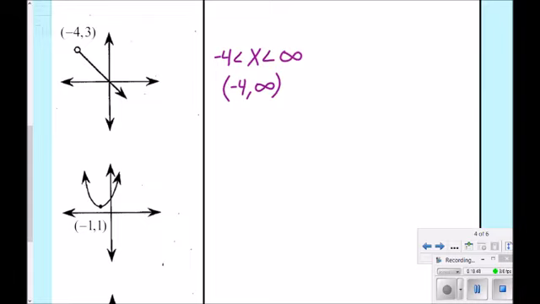The range, so I'm writing y, my symbols. I'm looking low to high. So low, it's pointing down forever. So pointing down forever means it's headed towards infinity, but pointing down is in the negative direction.